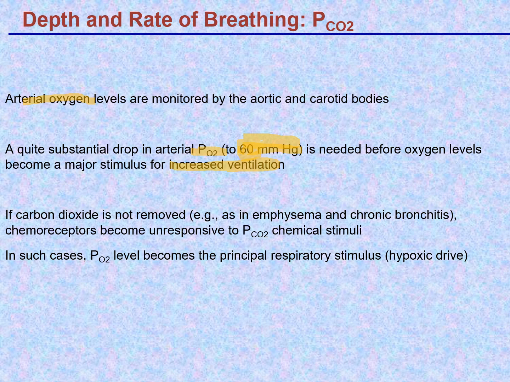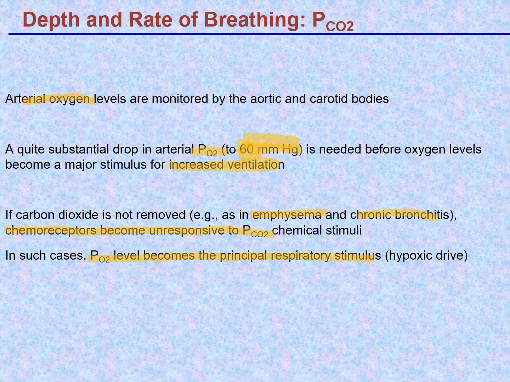If carbon dioxide is not removed, and that can happen with emphysema or chronic bronchitis, pulmonary disease, then unfortunately, if a person has chronic hypercapnia, high PCO2 levels, in the end the chemoreceptors become habituated, they become unresponsive to the PCO2 levels, and in that case, it's the PO2 level that becomes the main stimulus.